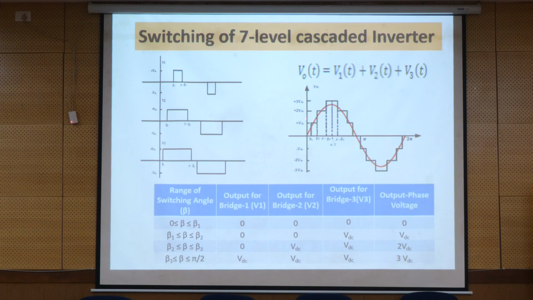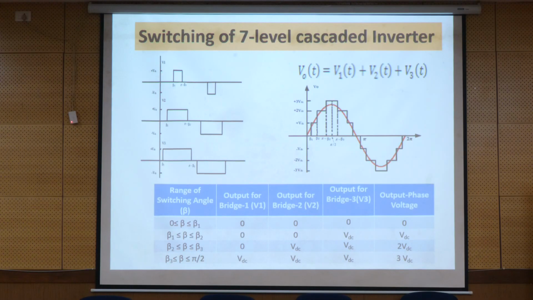The output voltage levels are VDC, 2 VDC and 3 VDC. On the negative side we have minus VDC, minus 2 VDC, minus 3 VDC, so you obtain a total of 7 levels.